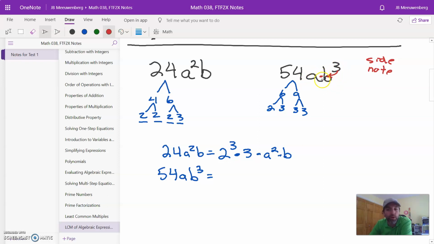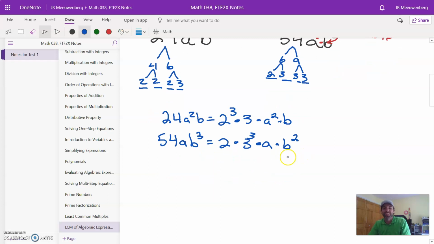This variable b gets the 3, but the a does not. A has an exponent of 1. There's 1 a and 3 b's all multiplied together. That's an important distinction. Getting back to this, we have 2, because we added 2, and 3 3's, 1, 2, 3. So times 3 to the third times, and we just write these, a times b cubed.